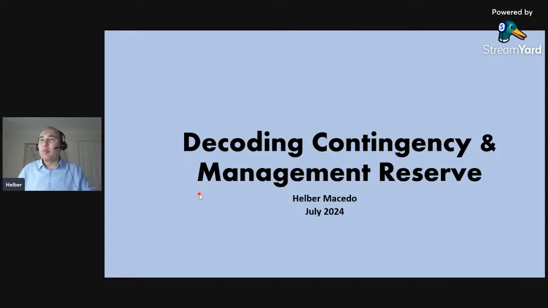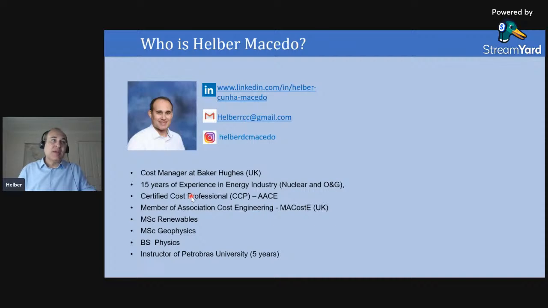So, welcome. My name is Helber Macedo. Let me first make a quick introduction. I am the costing manager for Baker Hughes. I have over 15 years of experience. I had the opportunity to work in nuclear energy and in oil and energy, in different companies.